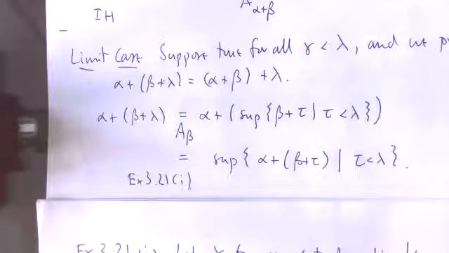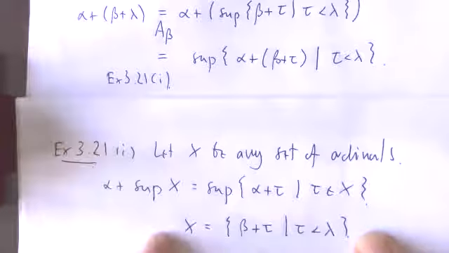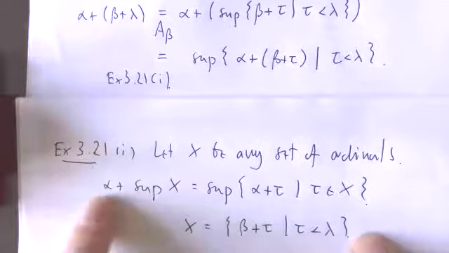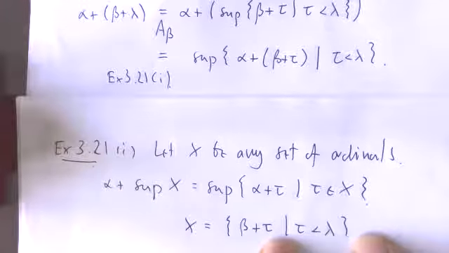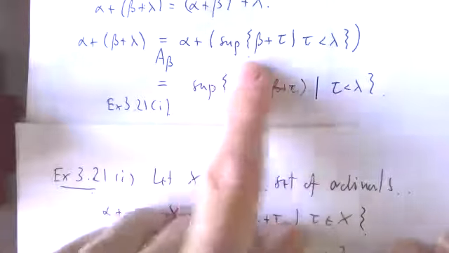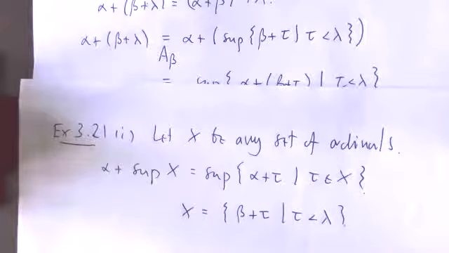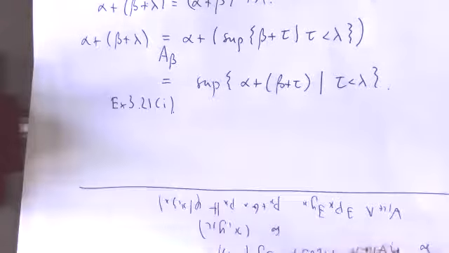So literally speaking, what I'm doing is letting X here be the collection of beta plus tors for tor less than lambda. If I let X be this collection of these beta plus tors for tor less than lambda, and I apply the exercise, alpha plus sup of X, well, that's exactly what I've got here. Alpha plus the sup of X is just the sup of the alpha plus the ordinals that are in X. So that is 3.21.